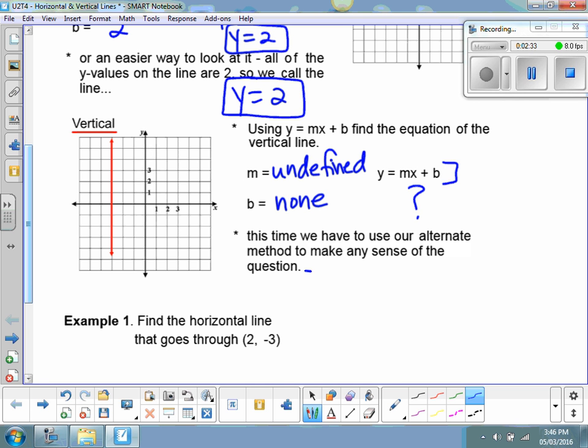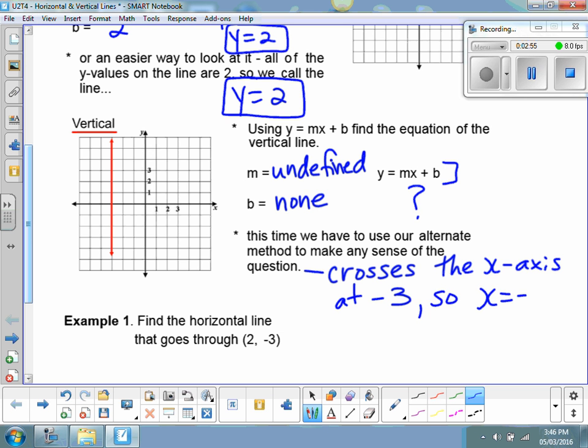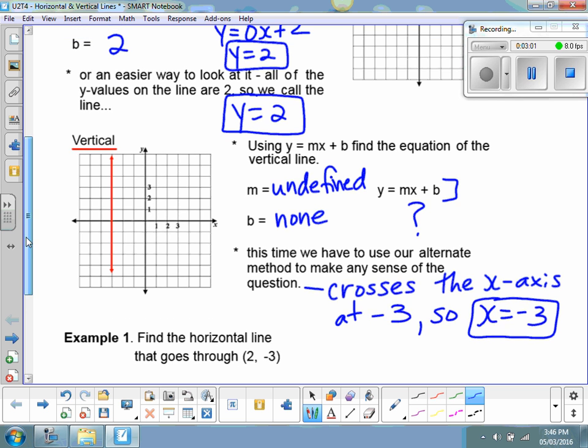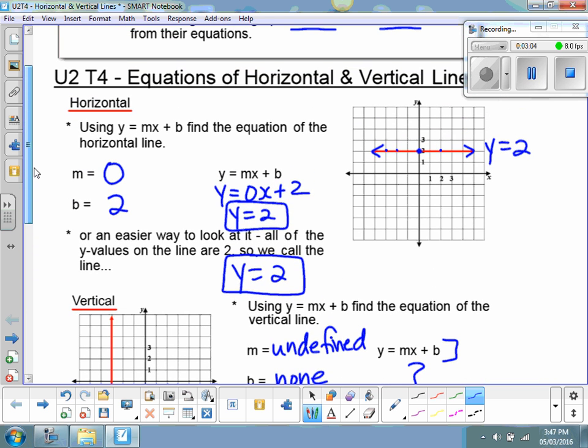So when we look at that line, we would describe it as a line that crosses the x-axis at -3. So if it crosses the x-axis at -3, then the equation of the line is x equals -3. And really, that's the approach we're using up in the top one here as well.